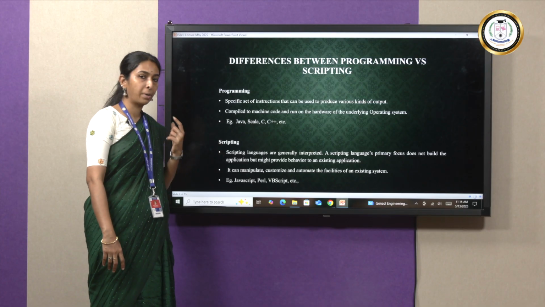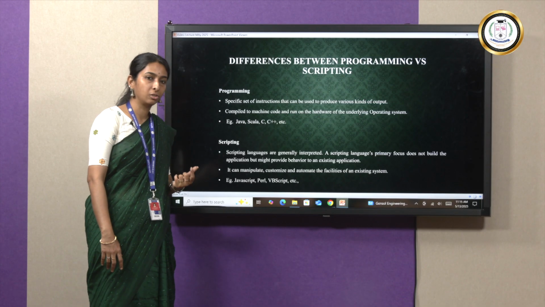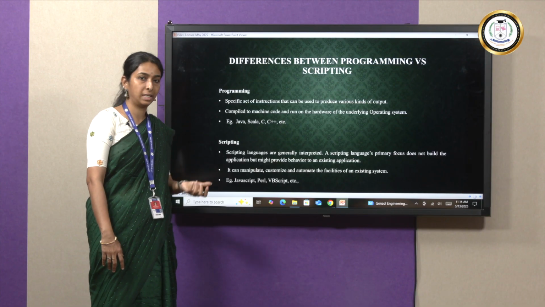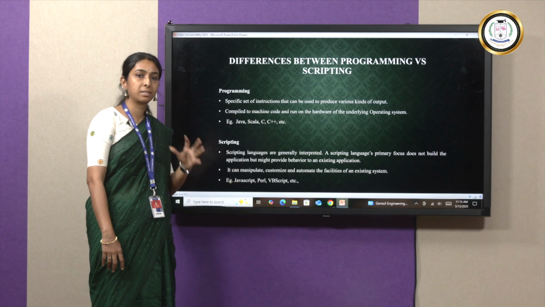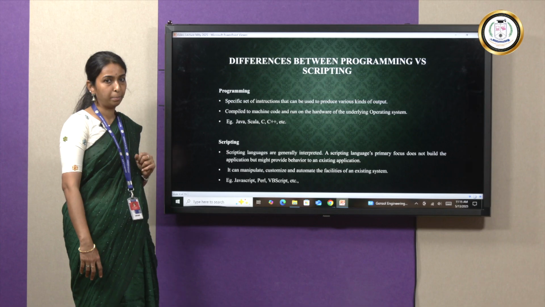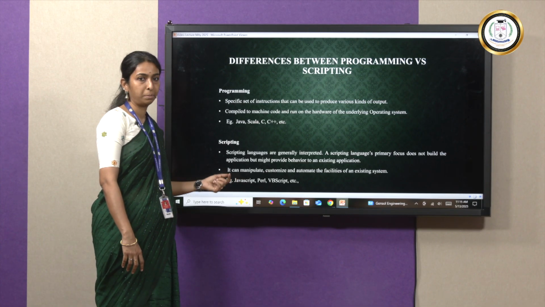We could say they primarily focus on adding behaviors or additional functionalities to existing systems or existing applications. So scripting languages are used for customizing tasks, manipulating and automating the facilities of existing applications. What are the examples of scripting languages? JavaScript, Perl, VBScript and so on.